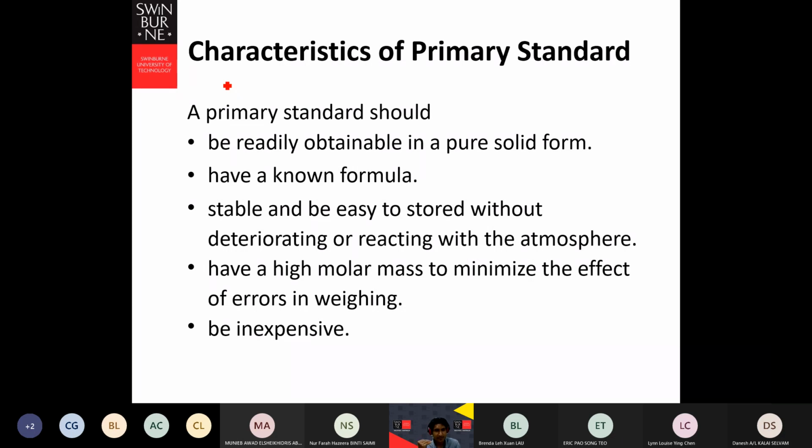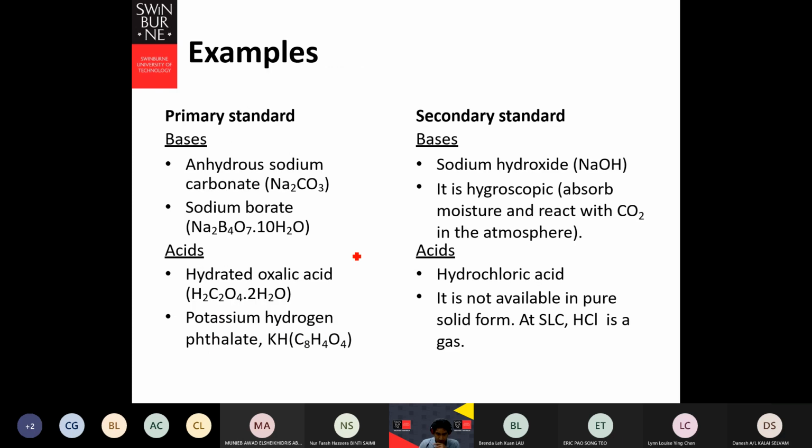It minimizes the effect of error in weighing, and can be stored without much care taken. You can simply keep it, and it will not deteriorate over time. Those are the properties of a primary standard, and it should be inexpensive. It cannot be very expensive.